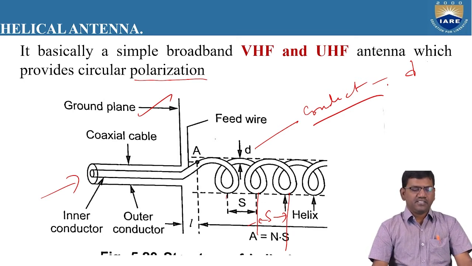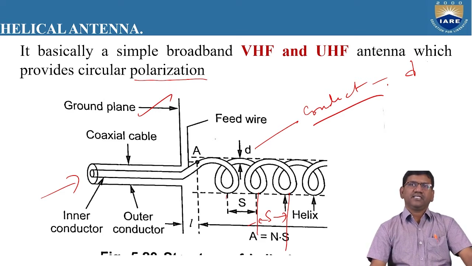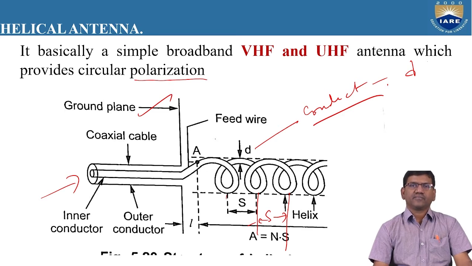So this is about the basic construction of the helical antenna. In order to construct a helical antenna, we need a conductor, a coaxial cable, and a feed wire which is used to excite the helical antenna. Whenever we are designing a helical antenna, see that the spacing between the turns is uniform.